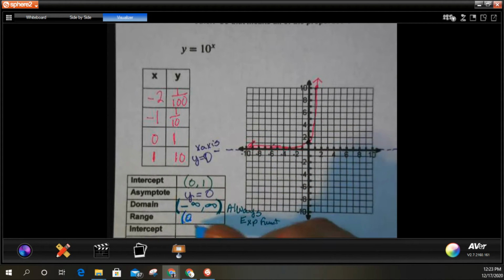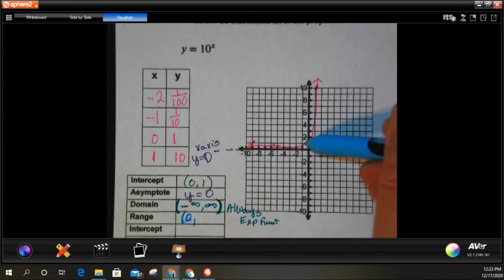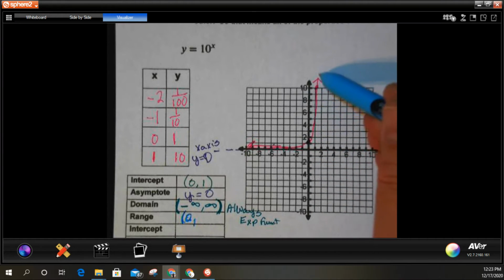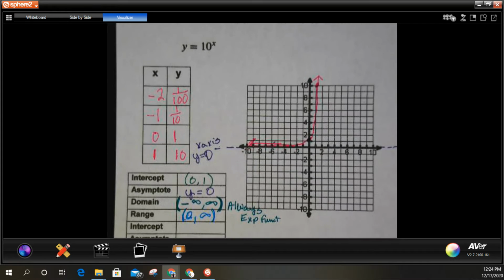And for my highest value for y, my function tries to hit positive infinity. So that's the review for graphing exponential functions.